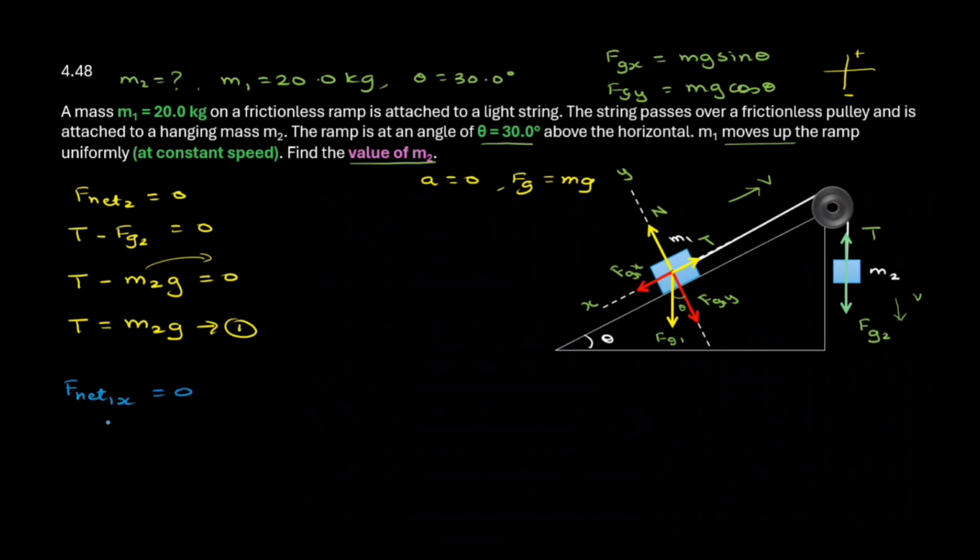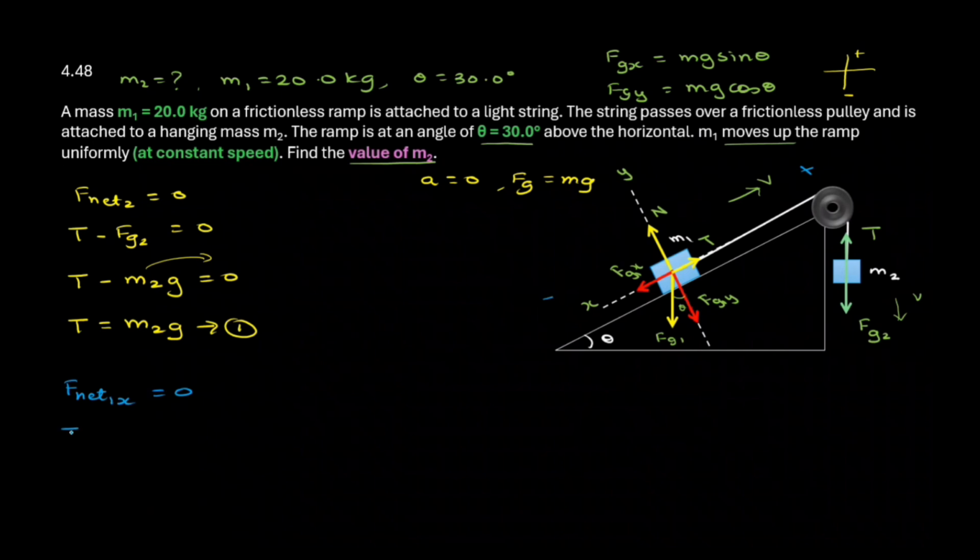Again, we can write the net force on mass 1 by taking vector sum of all forces along x-axis. Along x-axis, we have two forces here, Fg1x and the tension in the string. And through convention, the forces to the right we take as positive, and the ones going to the left we will take as negative.